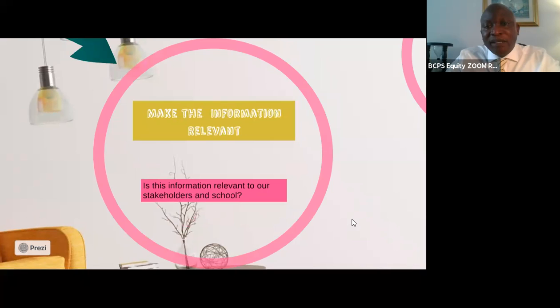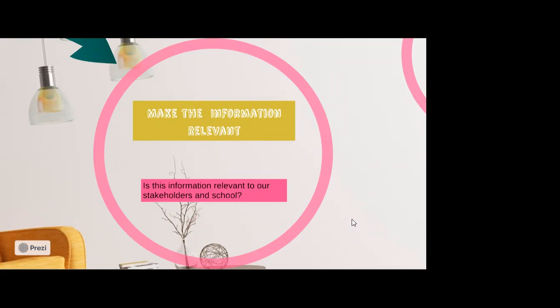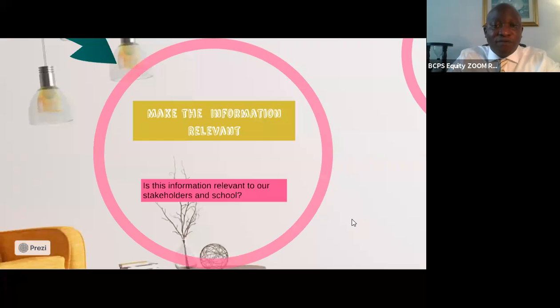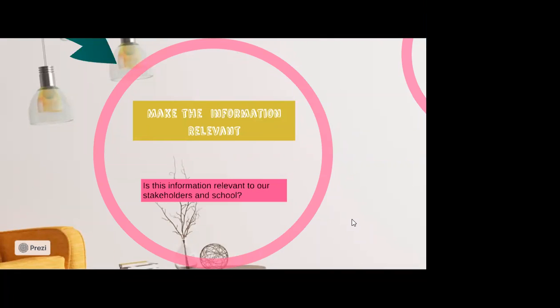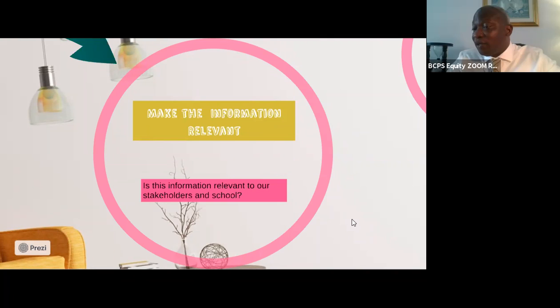Make the information relevant. When you look at the information that you're asking for, the one question I would say that you need to have a real answer to, so don't just put it in your mind and say, well, you know what, I want to have a website that authentically celebrates diversity, but I'm scared to ask that question.